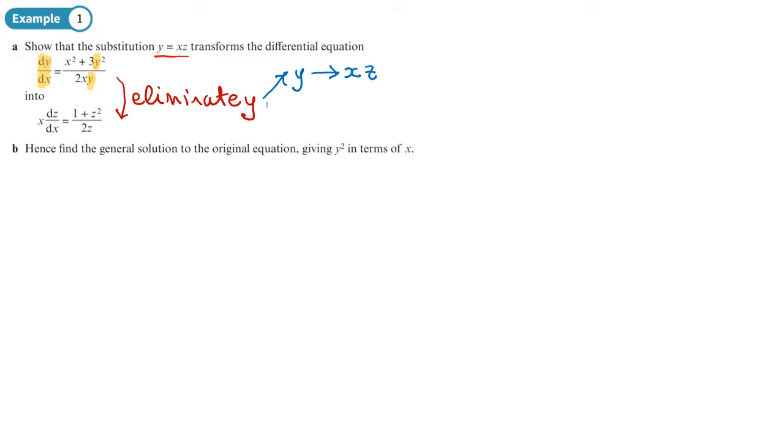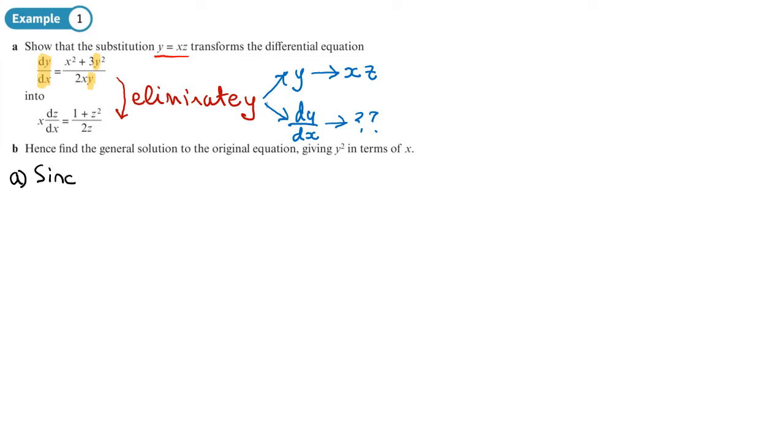So I also need to substitute dy/dx. Now at the moment I don't know what that is, but I can work it out because I can differentiate this with respect to x. So that's going to be our first step.